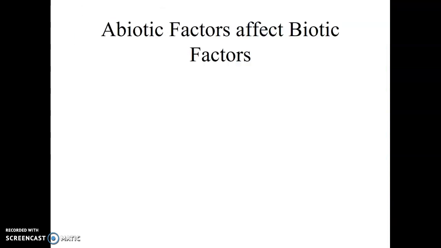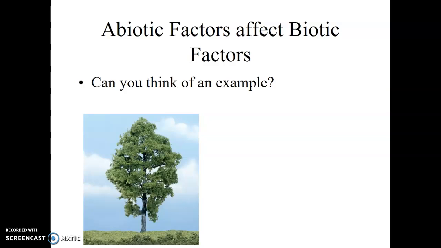An important concept that we need to make sure we understand is that abiotic factors affect biotic factors. Some biotic factors can also affect other biotic factors, but we'll get there once we start talking about all the different interactions. So for now, just looking at an example here. An abiotic factor affecting a biotic factor could be plants.